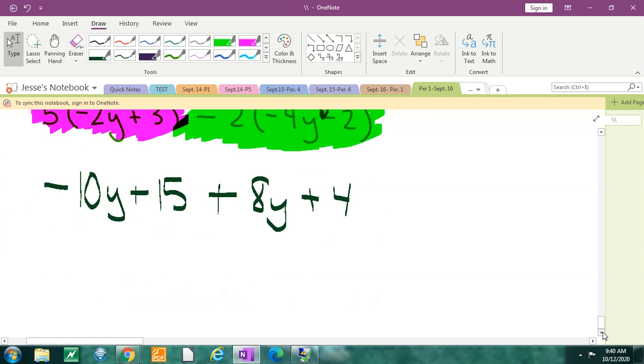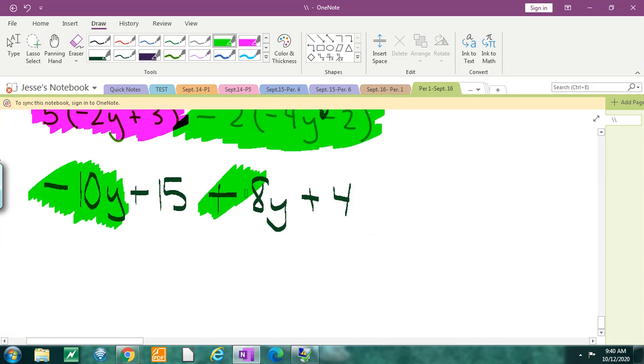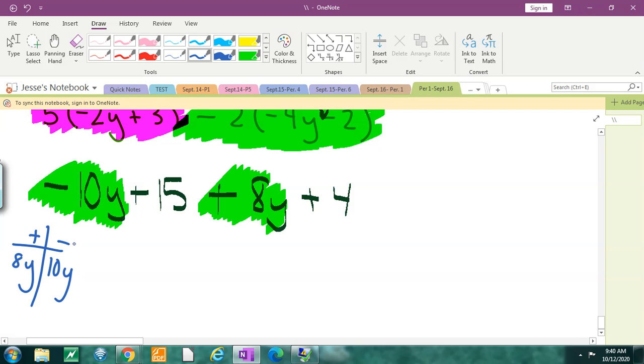Now we do what we've been doing last week. Combine like terms. So we're going to match what? Davin, what are we going to match? The -10y with what? Yeah, +8y. Good. So then I'm going to go ahead and do the T-chart, right? -10y, +8y, and my answer is negative what?